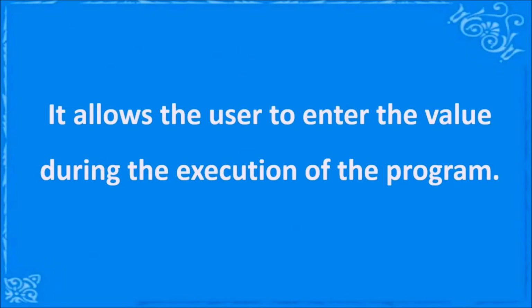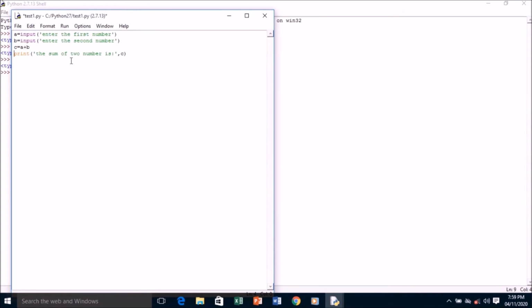But when we give the value while the program is running, while it is executing, at that time we use input function. So with the help of input function we can give the value to the variable. In a simple way, input function is used to accept inputs from the user.